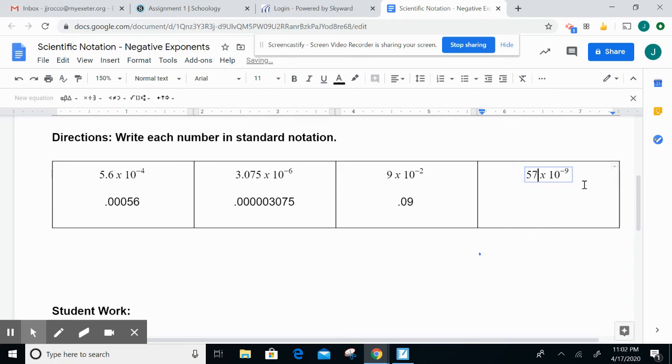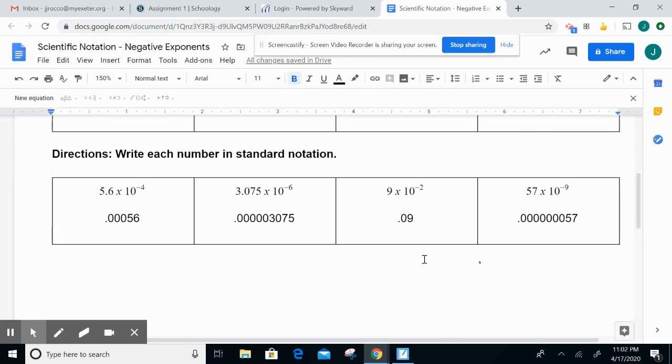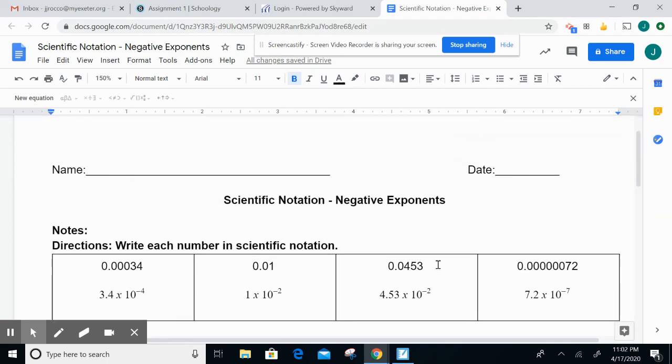So as in, here's our 5, 7. You're going to have to go 2, and then how many zeros do you have left? So 2, 3, 4, 5, 6, 7, 8, 9. So there are 7 zeros that you need to fill in because you moved it 2 to move it past the 5 and the 7. That's about it, guys. Let me know if you have any questions.